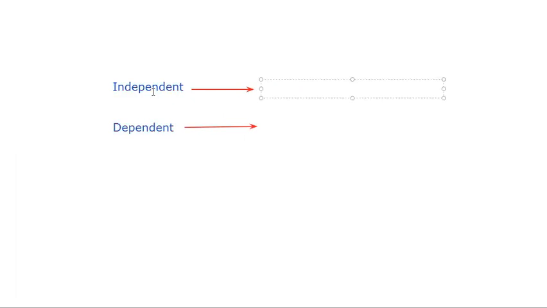Okay, let me help you. For the independent variable or the independent value, it looks like input. And the dependent variable, it looks like what? Output. Then what else? The input, it's like the value of what? The value of x. And the output will be the value of y.